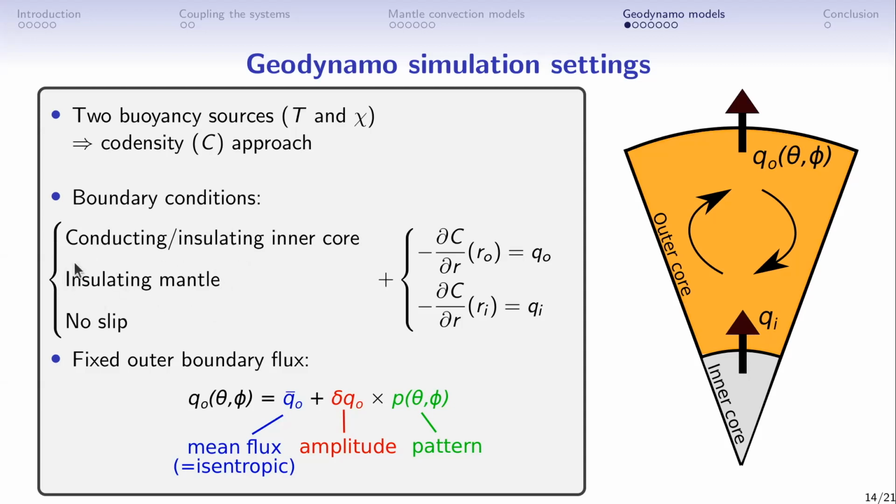We use an insulating mantle and a no-slip condition at both boundaries, and we fix the codensity flux at both boundaries. At the outer boundary, the codensity flux is decomposed into a mean flux, which is set to the isentropic flux, and a heterogeneous part with an amplitude and a pattern. And because we use the Boussinesq approximation, this mean flux is actually equal to 0.